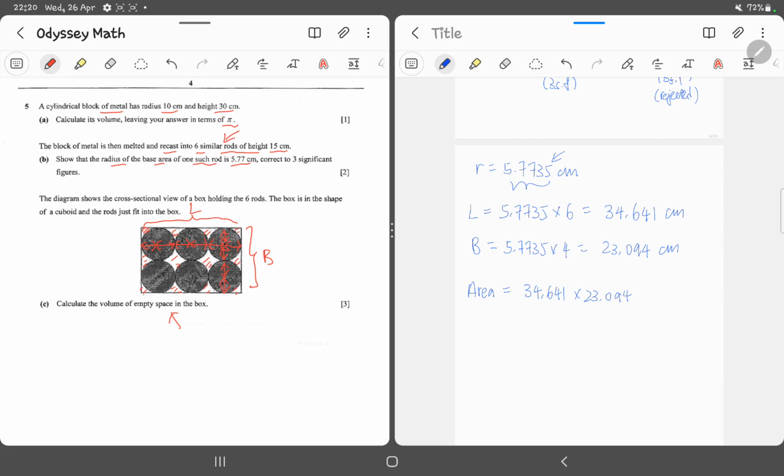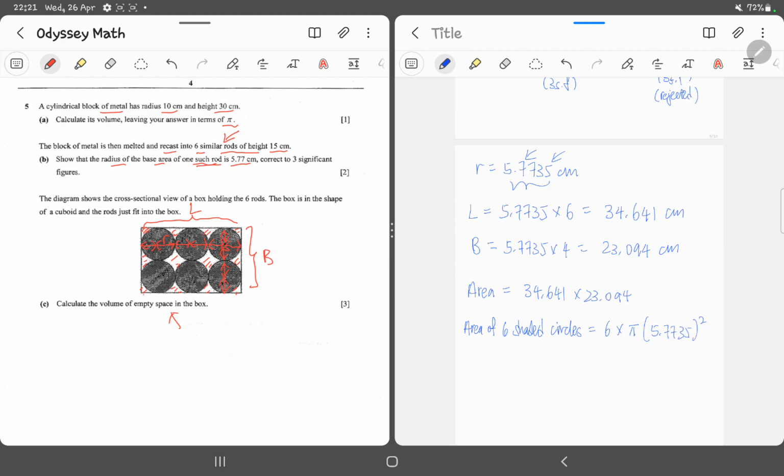Now, earlier we have found the radius of the base area of one such rod, which is 5.7735 cm. For these 6 shaded circles over here, the area of 6 shaded circles will be 6 times pi times the radius of each individual circle squared, which in this case is 5.7735 squared.